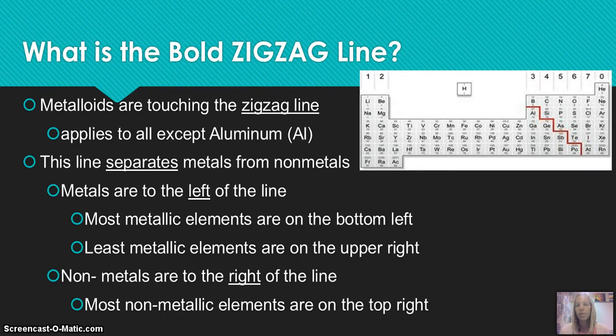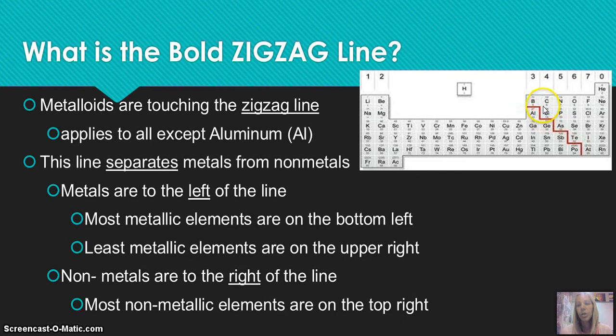These elements that surround the zigzag line are called metalloids, which we're going to get more information about later. But the zigzag line also separates the metals, which are on the left side of the periodic table, from the nonmetals, which are on the right side of the periodic table.